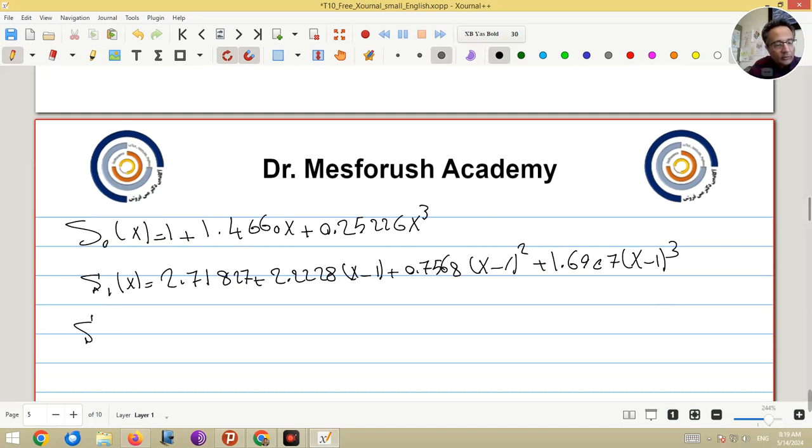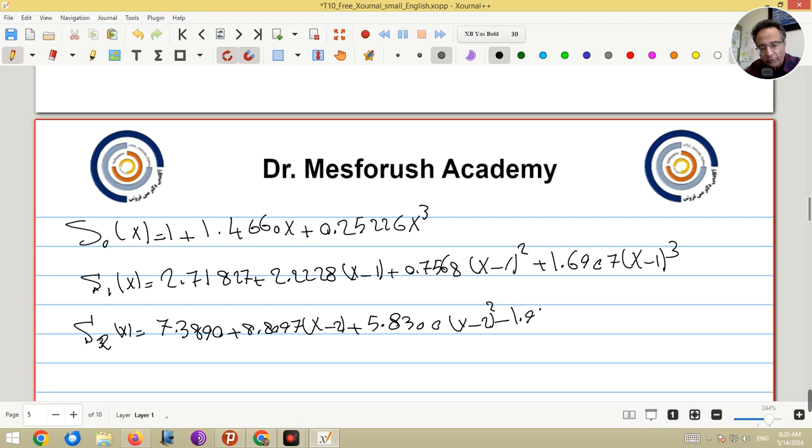And also you can find S2 of x to be 7.3890 plus 8.8097 times (x minus 2) plus 5.8300 times (x minus 2) squared minus 1.9433 times (x minus 2) cubed. Okay, this is S0, S1 and S2.